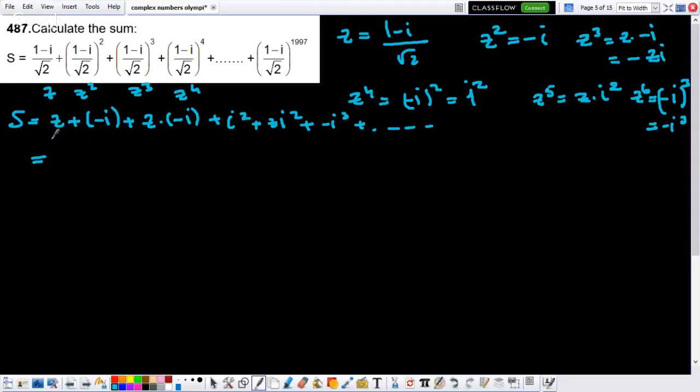I want you to see firstly this sequence: z minus i plus minus zi plus i squared plus zi squared minus i cubed, and it's not difficult to guess what is the term here.